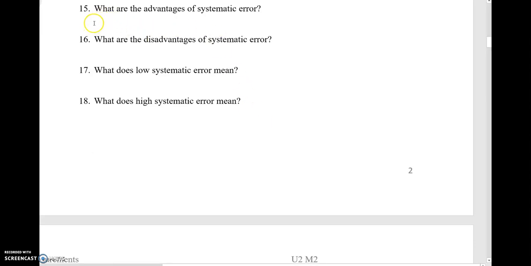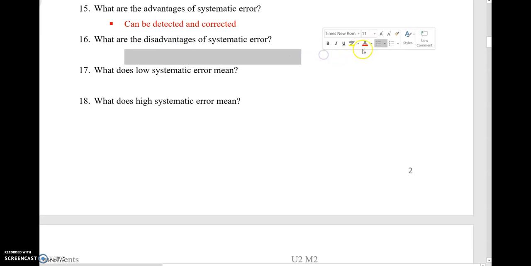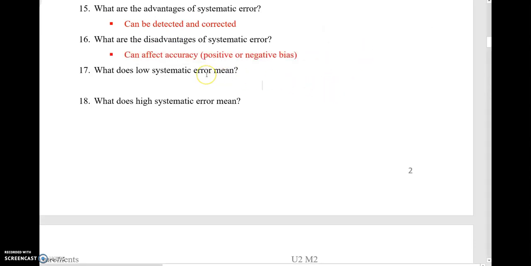So on that note, let's just wrap up systematic error in terms of looking at what would be any advantages of a systematic error versus its disadvantage and what is the consequence of this type of error. We say that systematic error, because it is a consistent difference, can usually be detected and corrected. Systematic error, as stated before, does affect accuracy.